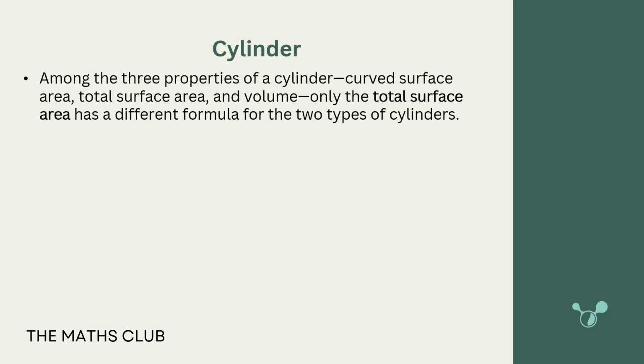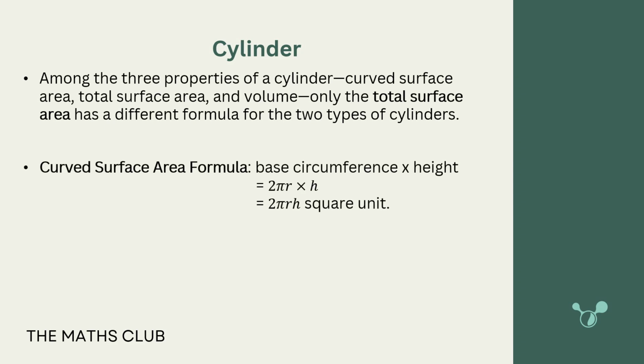So we said among the three properties of a cylinder, curved surface area, total surface area, and volume, we have curved surface area, which is that curve, right, that stretches out to become a rectangle. Total surface area, which is like the sum of all the areas, the curved surface area plus the area at the bottom and the top if necessary, and the volume. Only total surface area has a different formula for the two types of cylinders, and you can already guess why.